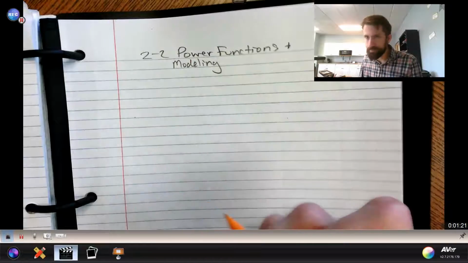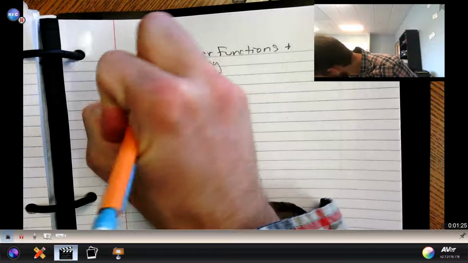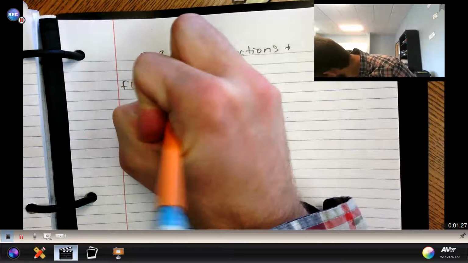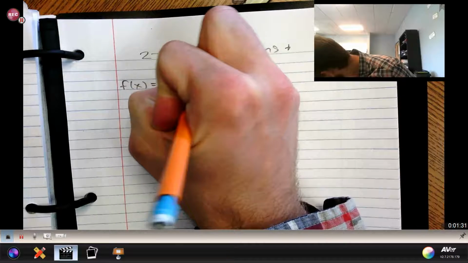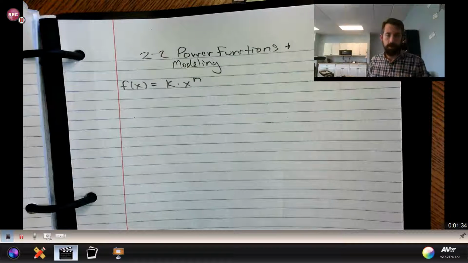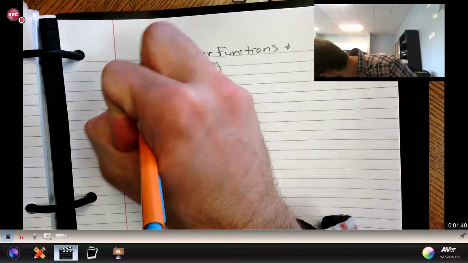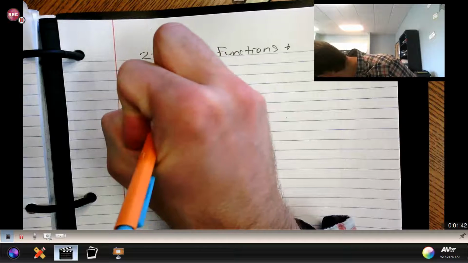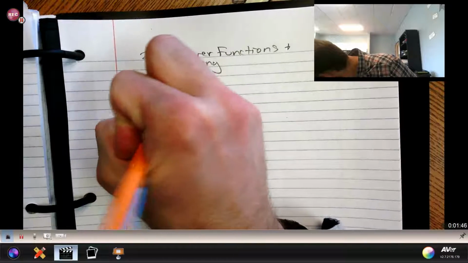So when we define a power function, it will look something like this: k times x to the n. Now that k is called the constant of variation.